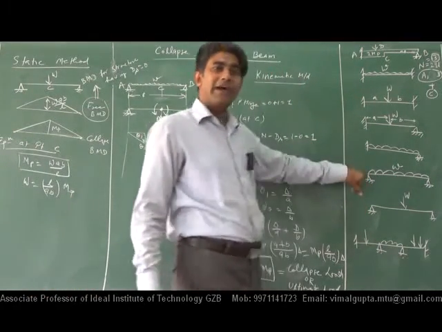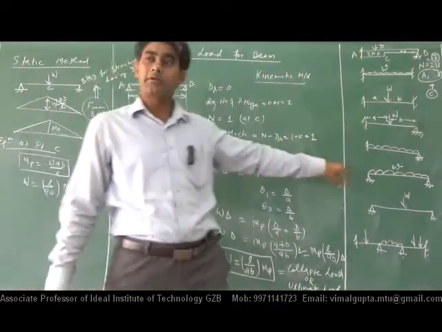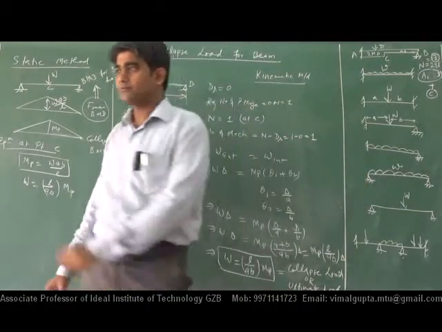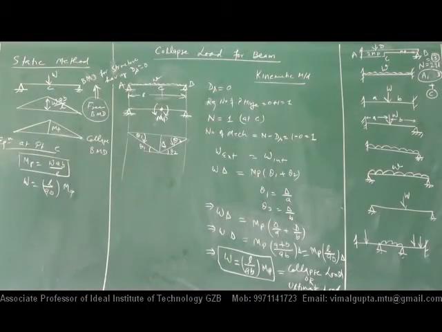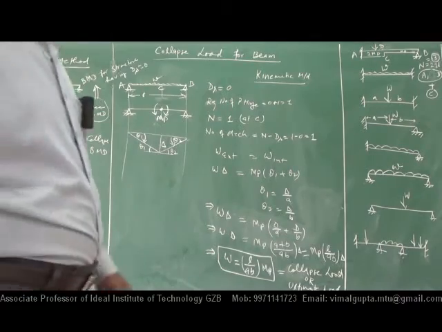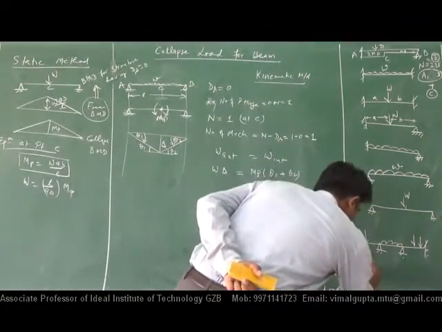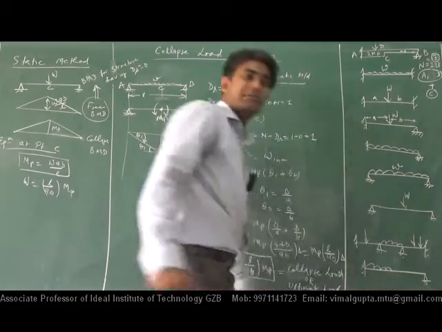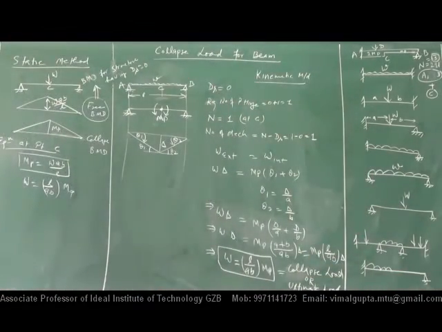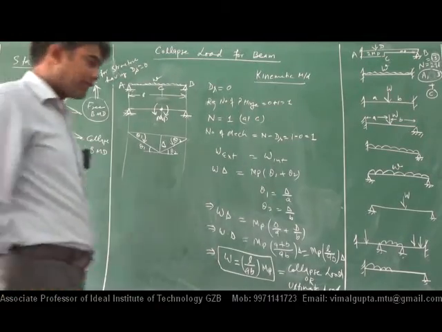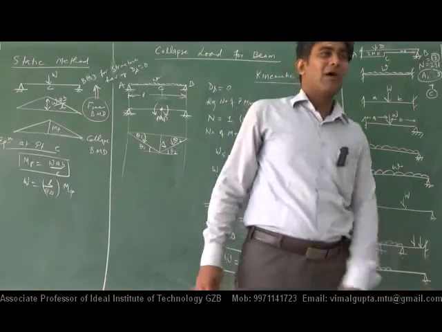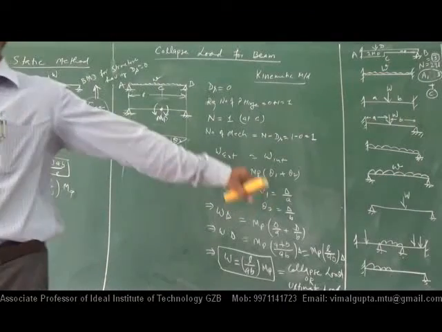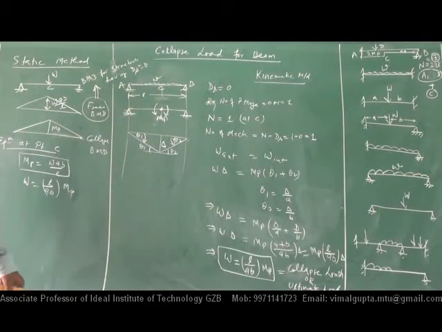In the second case, we are next calculating the value of collapse load. अभी मैं ऐसा नहीं करूंगा. After that I will do that type of thing also. After that you will be able to answer. अभी इसमें करने दो. Let me do. These are the standard cases.